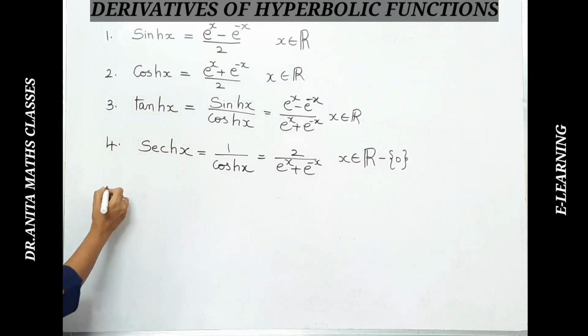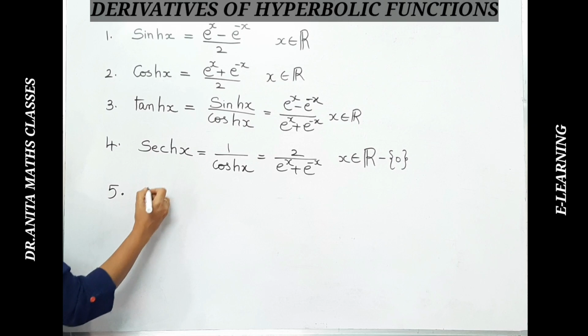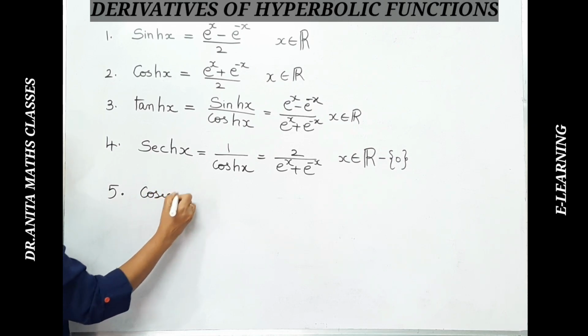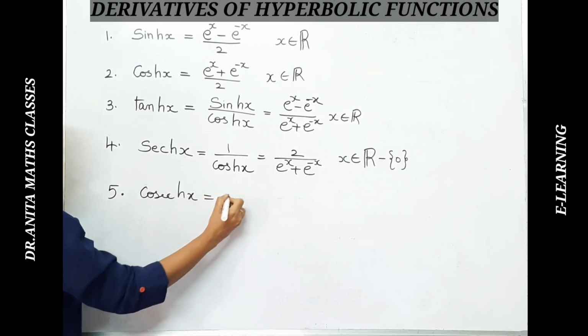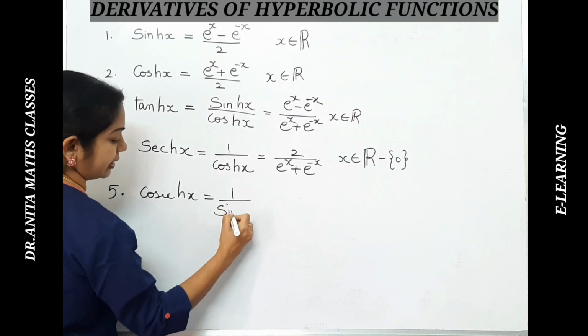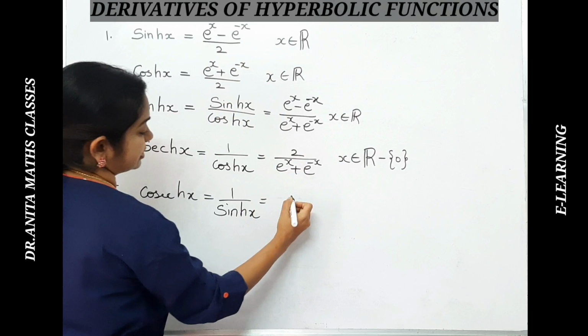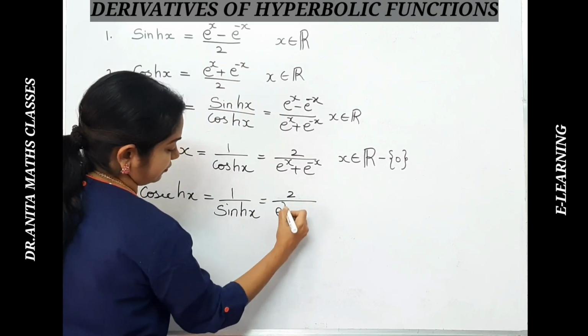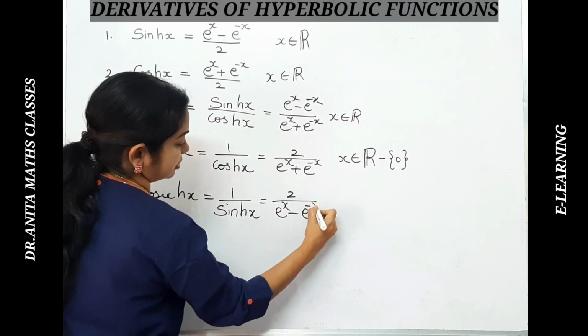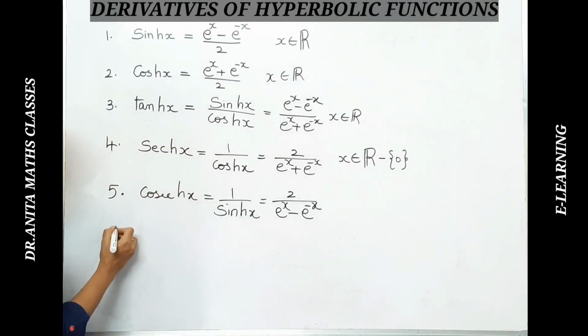So coming to the next one, cosech x is equal to 1 by sinh x. So the reciprocal of sine, that is 2 by e to the power of x minus e to the power of minus x.